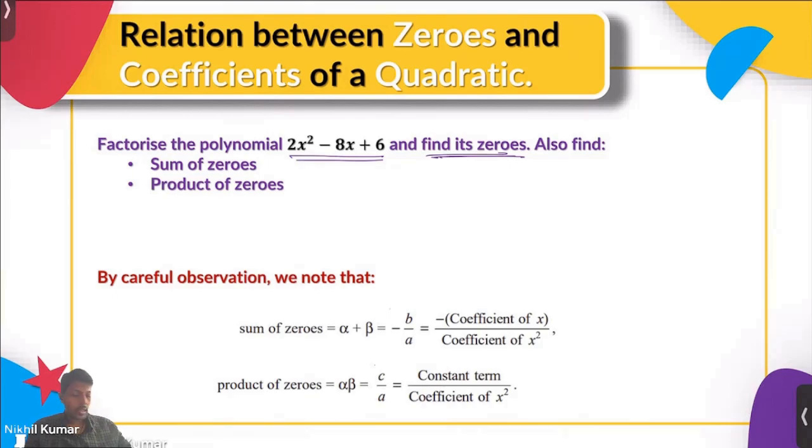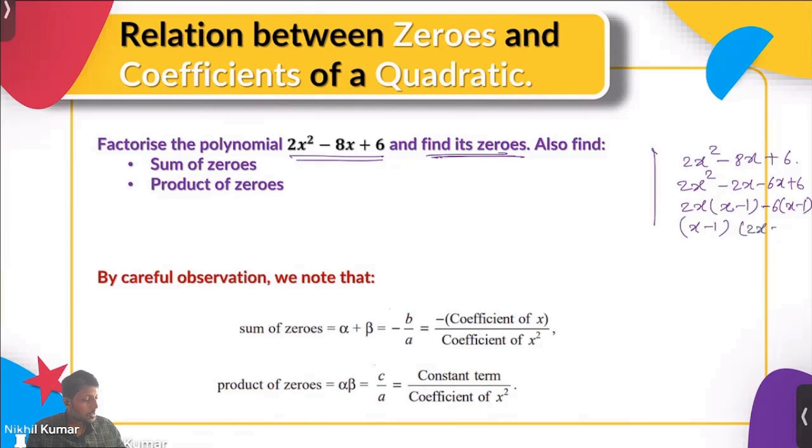Okay, let me quickly do this for you. So 2x square minus 8x plus 6. You split the middle term. 2x square minus 2x minus 6x plus 6. You take 2x common, you get x minus 1. You get minus 6 common, you again get x minus 1. x minus 1 and 2x minus 6.